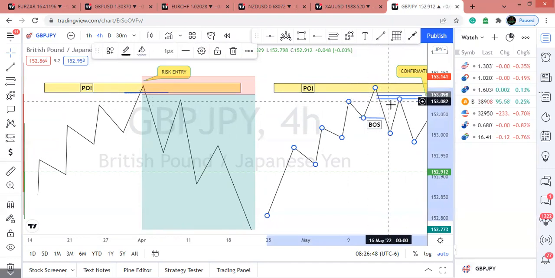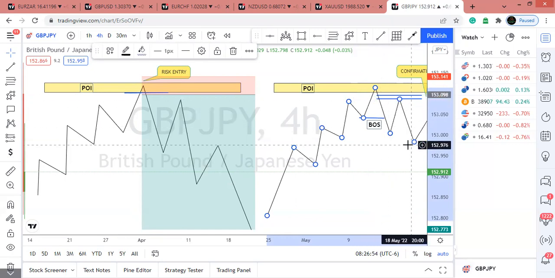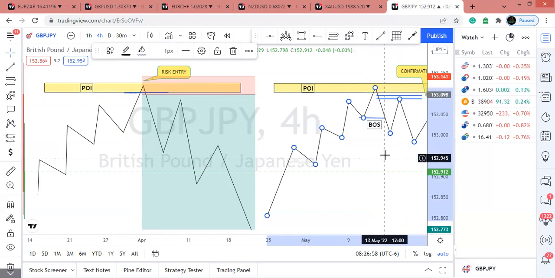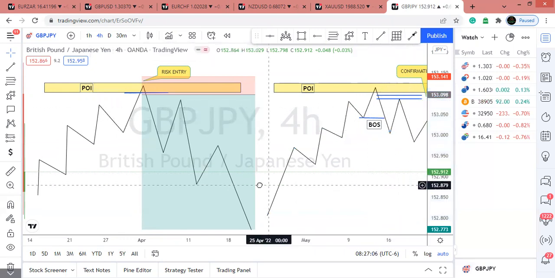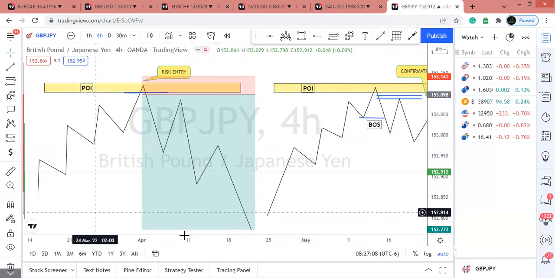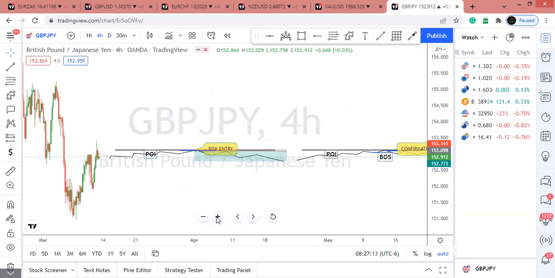Then price will come back to a kind of institutional candle or an imbalance area, and you have another break of structure. To even double confirm, you can still wait for another break of structure after this first one before you eventually take your trade in the direction where you want to go.